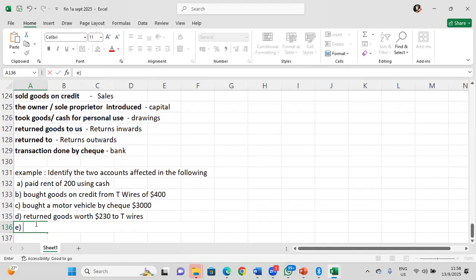Then we can have E, the owner introduced 5,000 cash into the business.